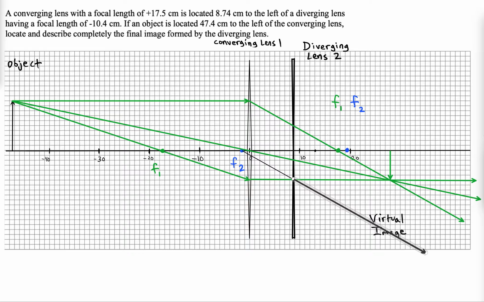So it ends up going that way. So that gives us one ray that would be like a final ray for our final image. But so far, that's all I have.